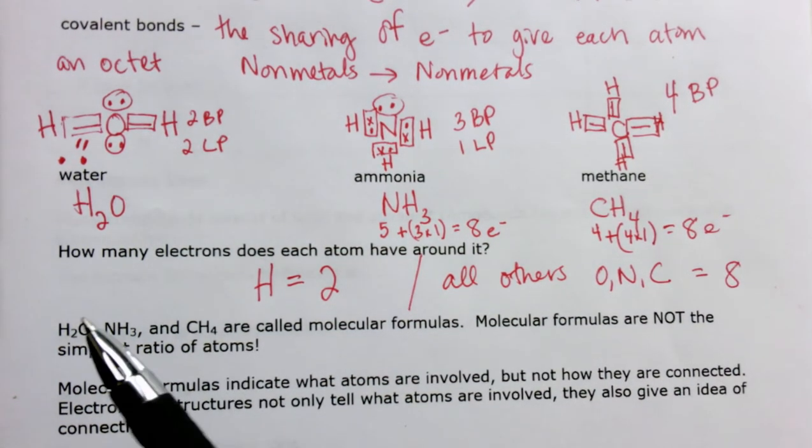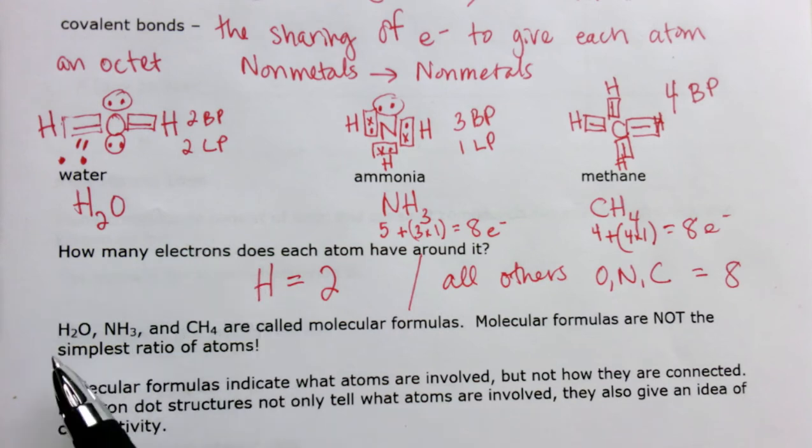Now I discussed a little bit already how H2O, NH3, CH4 are called molecular formulas. Molecular formulas are not the simplest ratio of atoms. So this is an important point to make. Molecular formulas are not the simplest ratio of atoms, whereas ionic formulas are.